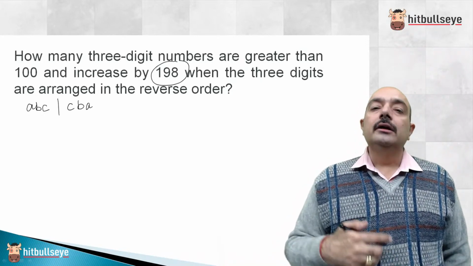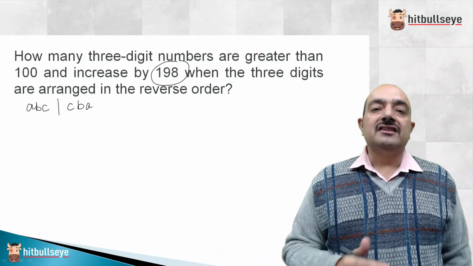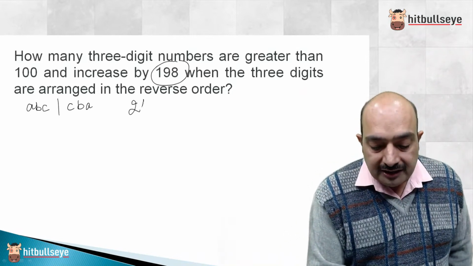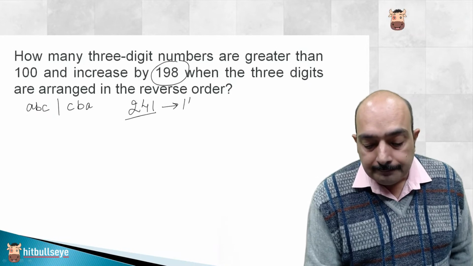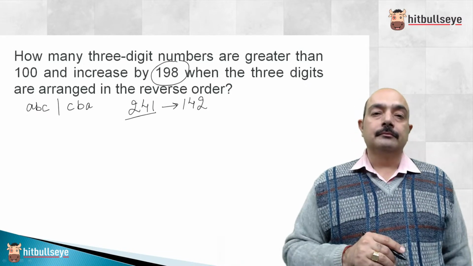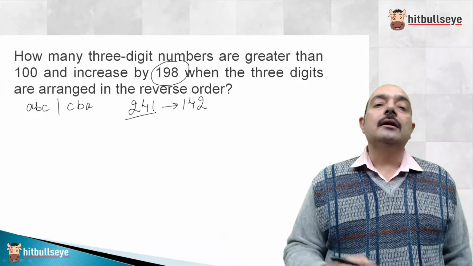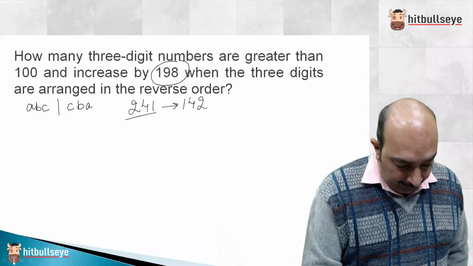Obviously, reverse. What do we mean by reverse? Reverse means, suppose you have say 241. When you reverse it, it will become 142. This is the meaning of reversal of digits. Right, what next?